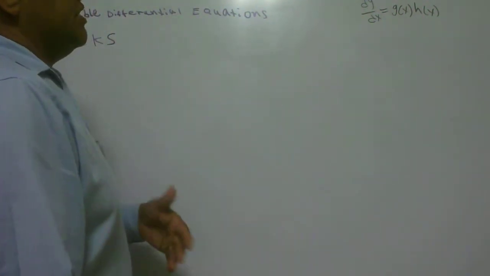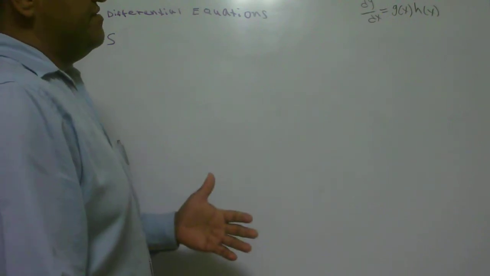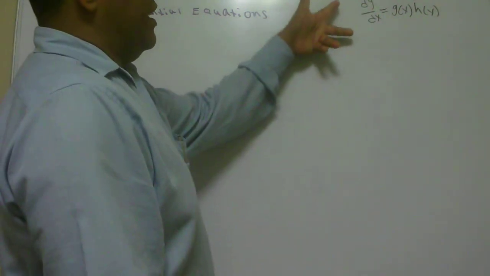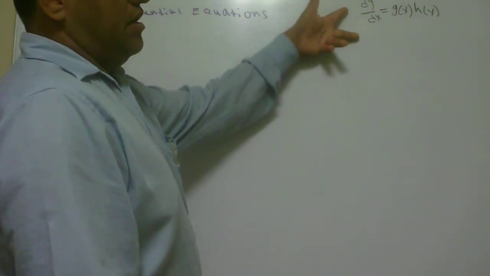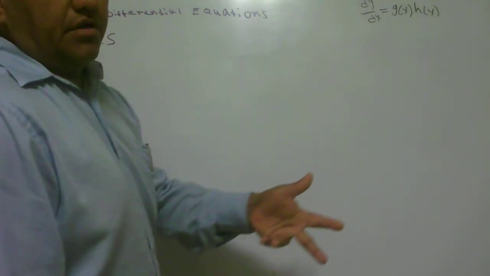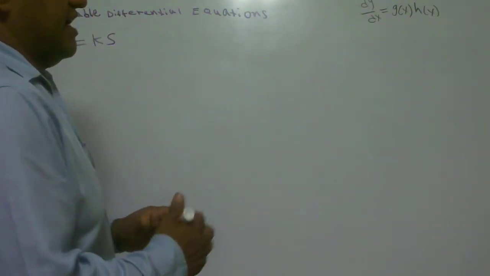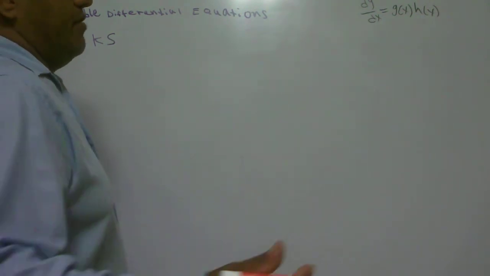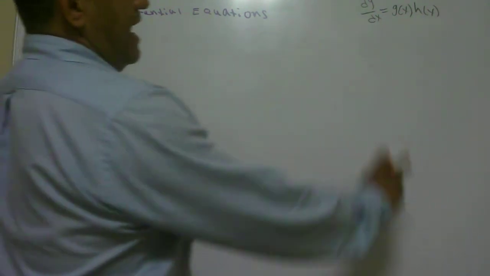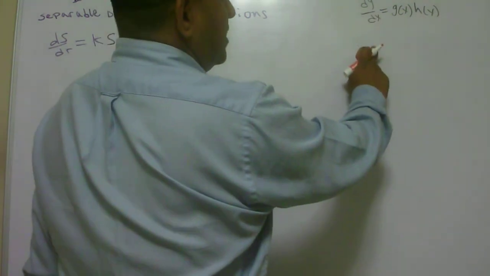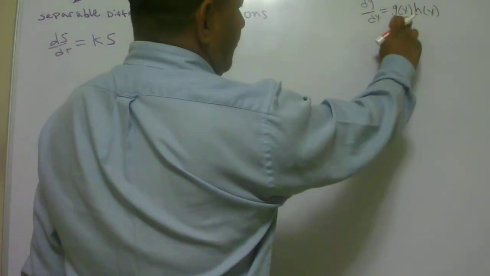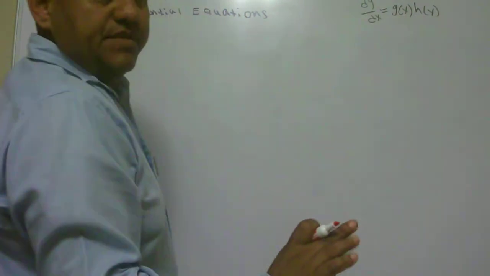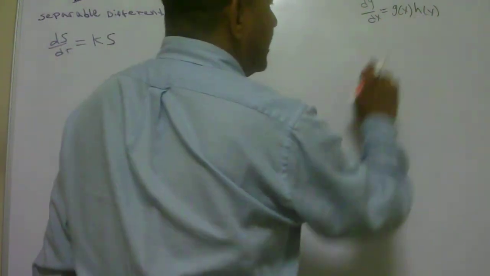We are using the convention that if an equation is in this form, it is separable. So how can we prove that this is separable? I have dy over dx equal to g of x times h of y.